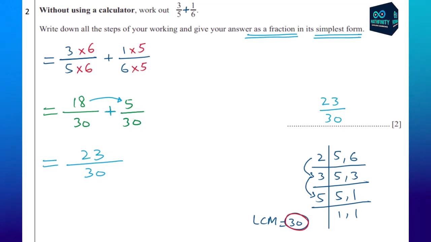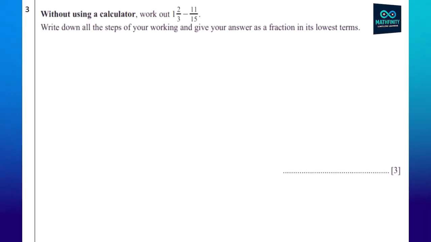Do the practice. Let us solve question number 3. The statement is: without using a calculator, work out 1 whole 2 over 3 minus 11 over 15. Write down all steps of your working and give your answer as a fraction. Again, we have to give it as a fraction in its lowest term.